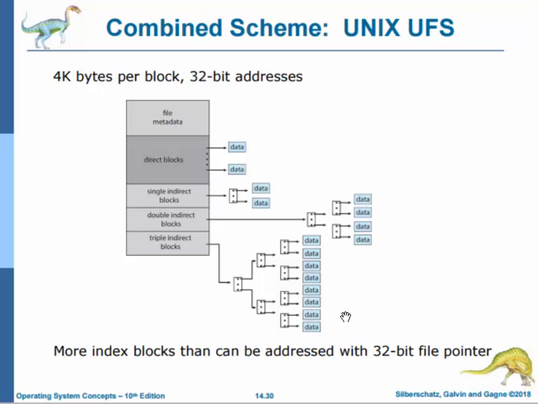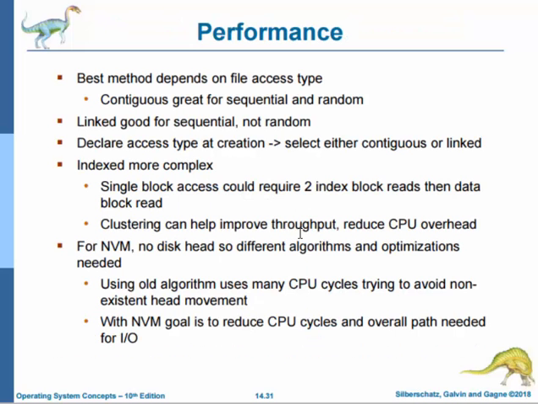Many Unix and Linux implementations now support 64-bit file pointers, which allows files and file systems to be several exabytes in size. So the ZFS file system supports 128-bit file pointers.